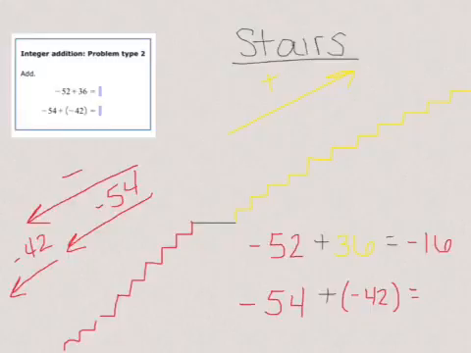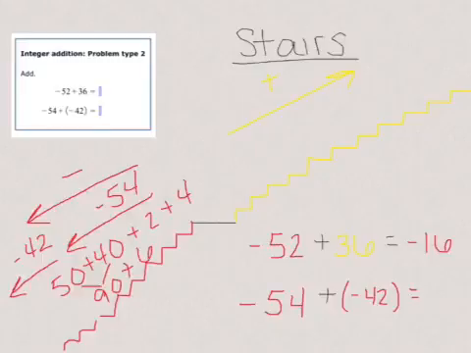One way we can look at it is we can do 50 plus 40 plus 2 plus 4 just by looking at the place value. Hopefully they see that we can manipulate it so that it looks like 90 plus 6, and our answer is negative 96 because we traveled down both times.